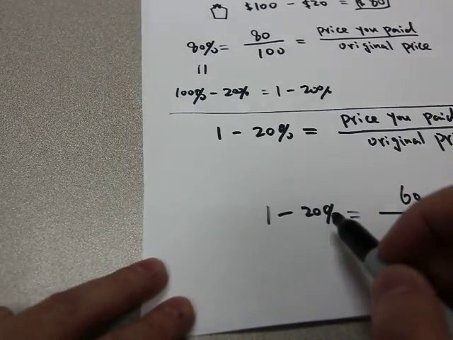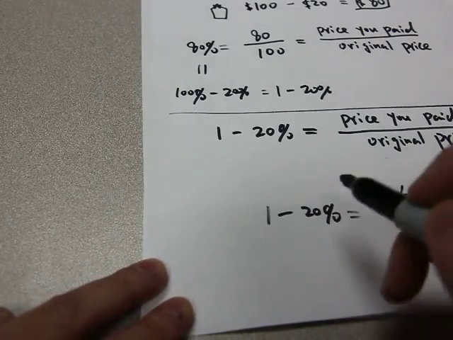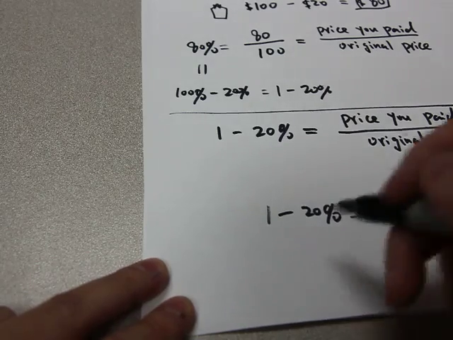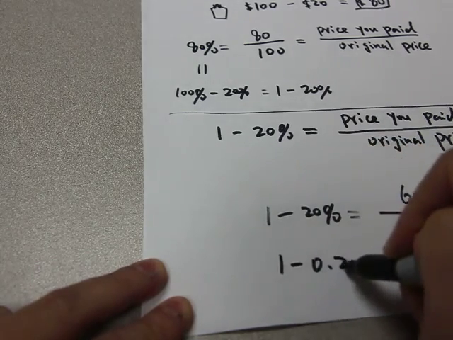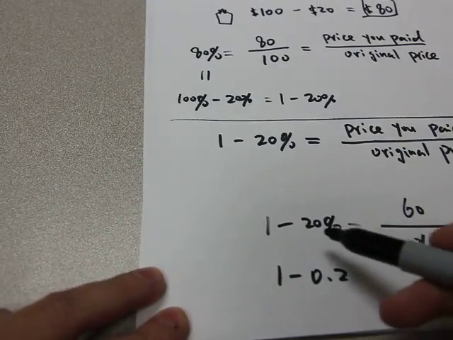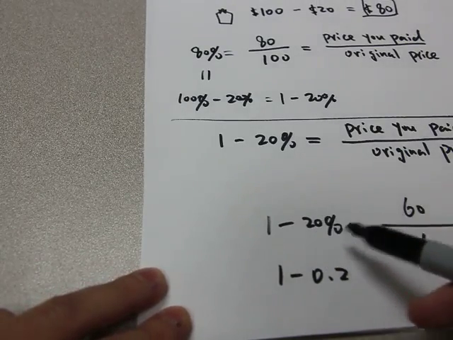And then how to solve this equation for X? We need to convert the 20% into a decimal, which is 0.2. Now, if you don't know how to do this, you can do this on your calculator.